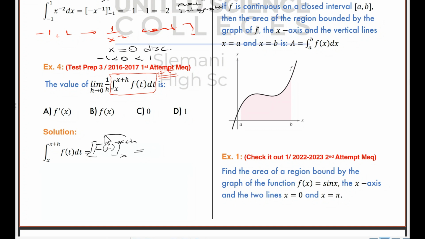When I substitute upper and lower bound one by one, it's going to be F of x plus h minus F of x, right? This is what we have instead of this integral. Okay, don't write this integral, write this result. Now it's going to be the limit as h approaches 0 of 1 over h. So h is in the denominator of this result.